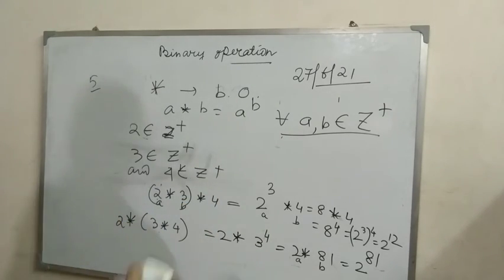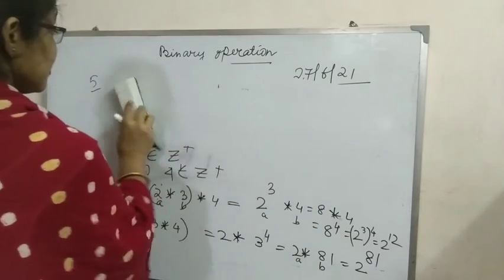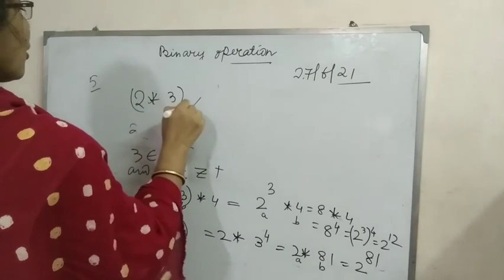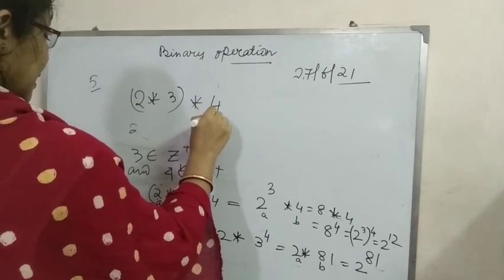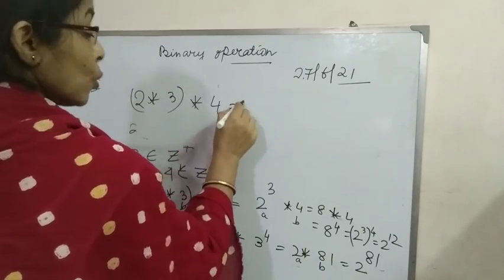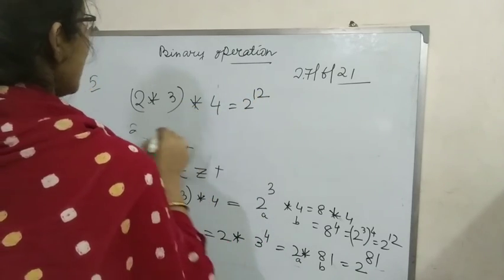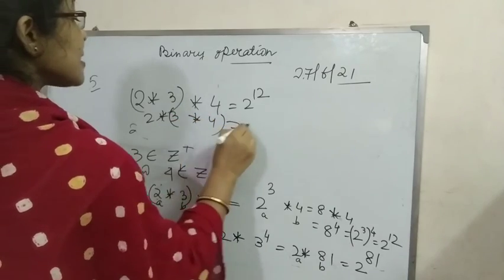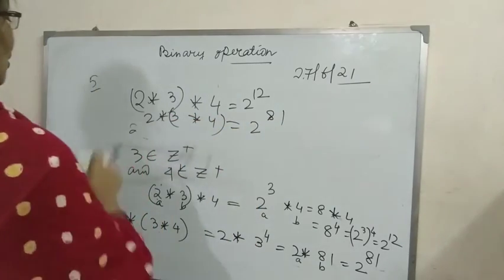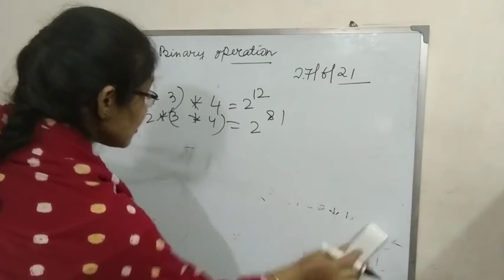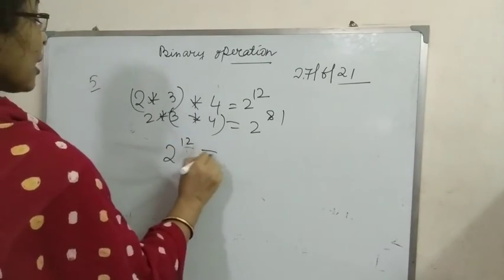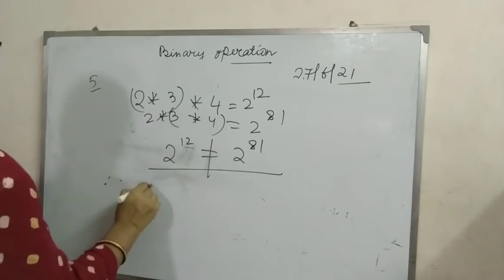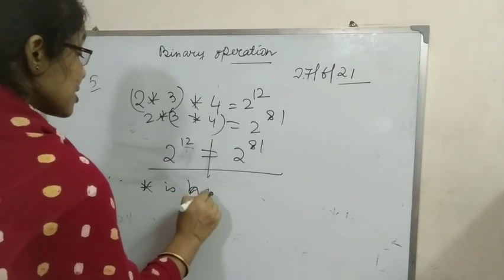So (2 operation 3) operation 4 equal to 8 to the power 4, that is 2 to the power 12, and 2 operation (3 operation 4) is equal to 2 to the power 81. 2 to the power 12 not equal to 2 to the power 81, therefore operation is not associative.